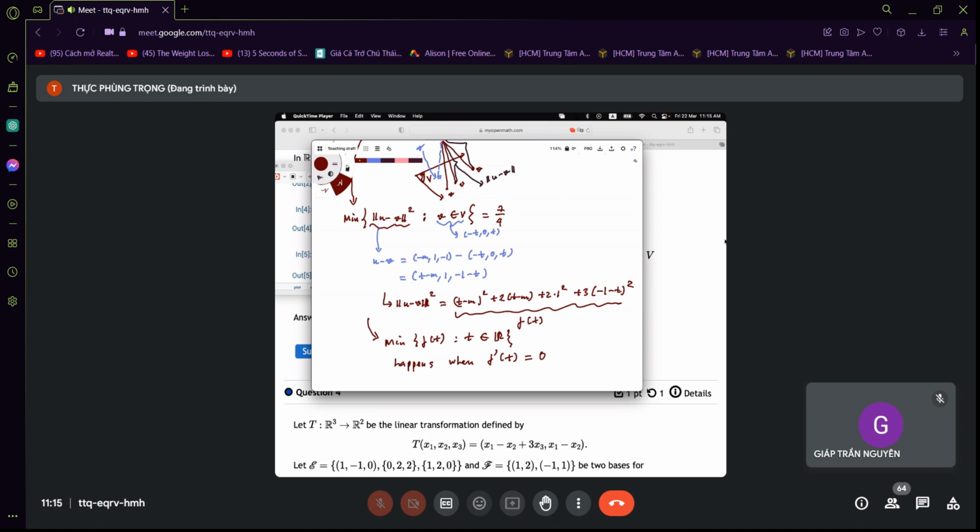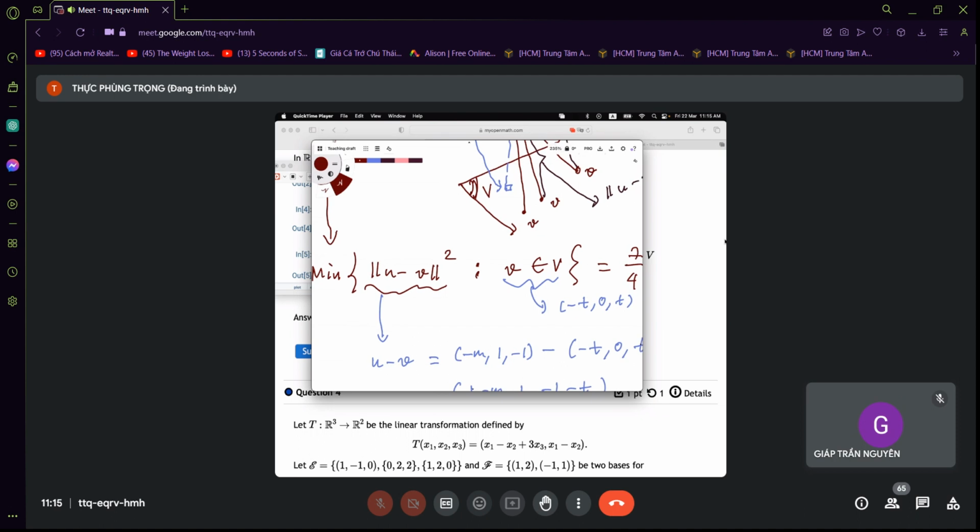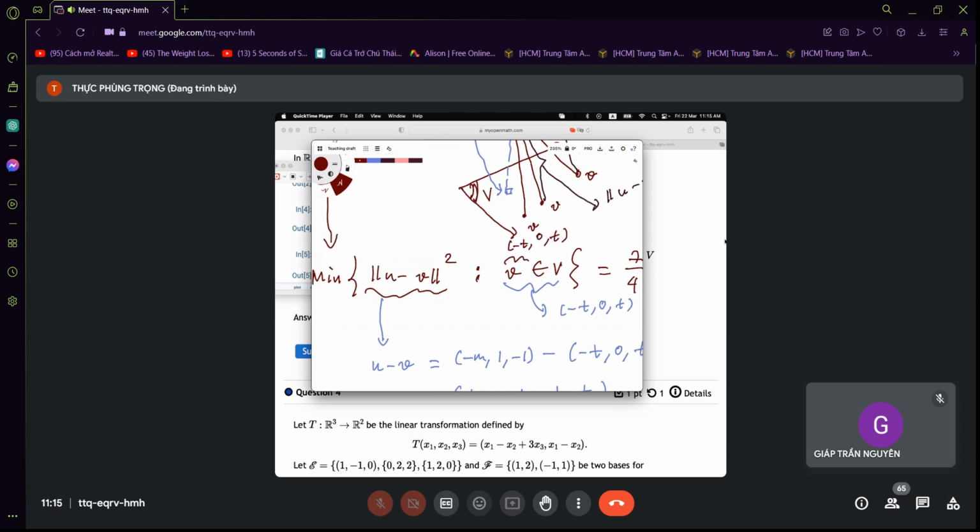Because v is the variable, right? V right here is minus t, 0, t. V is any vector in the subspace V, and it's given in the form minus t, 0, t. So in order to get the whole space, t can be any number. So the variable right here is t, not m.